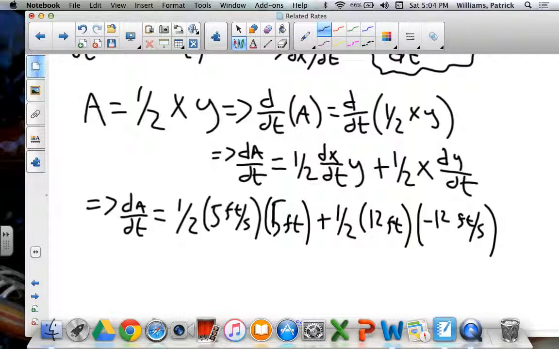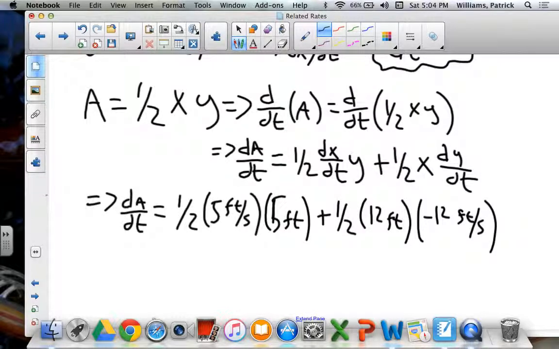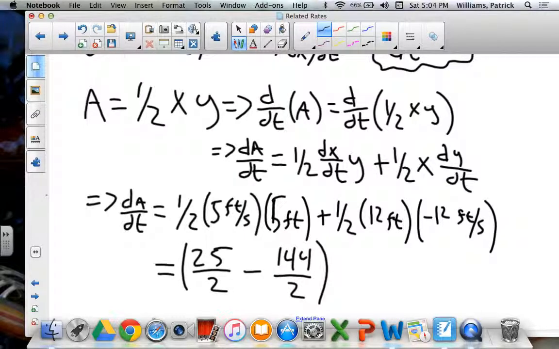That's what we got? Okay, cool. So if we multiply all this out together, we're going to end up getting 25 over 2 plus minus 144 over 2.